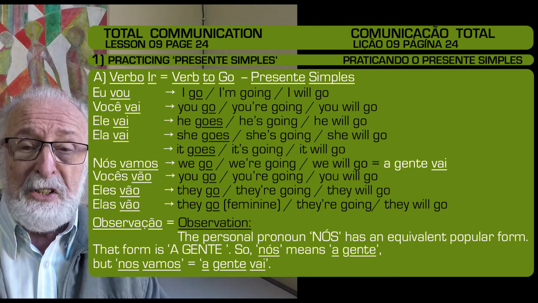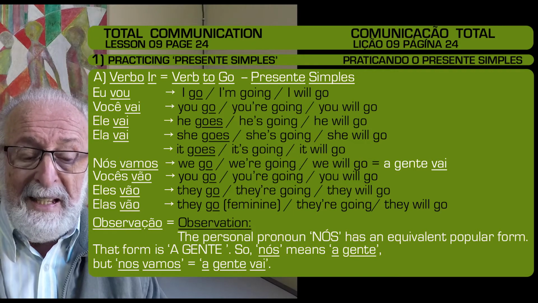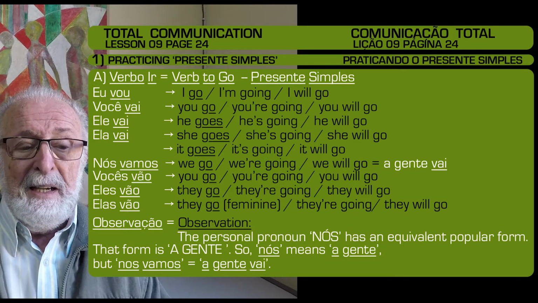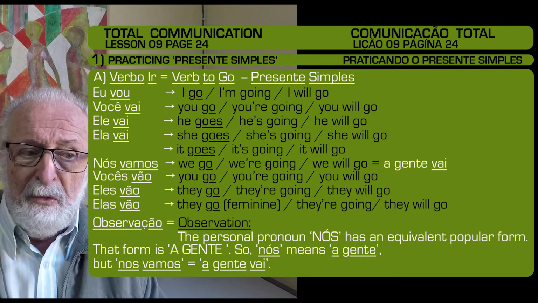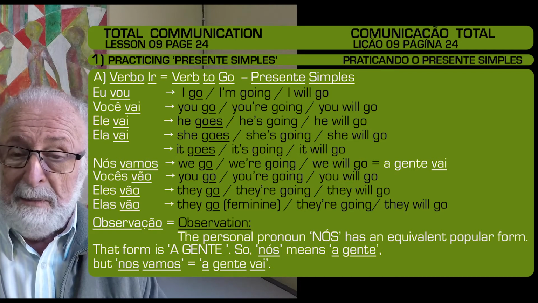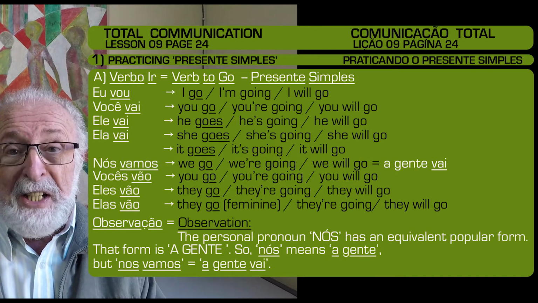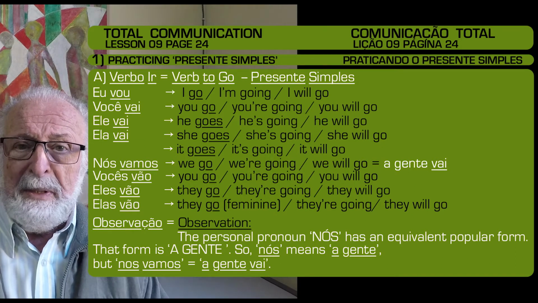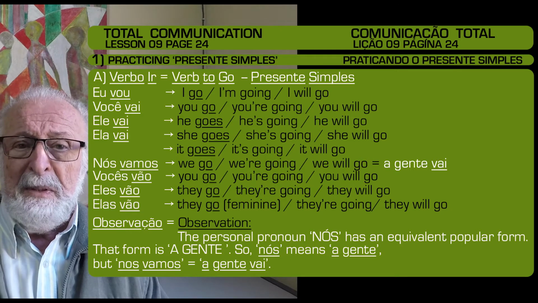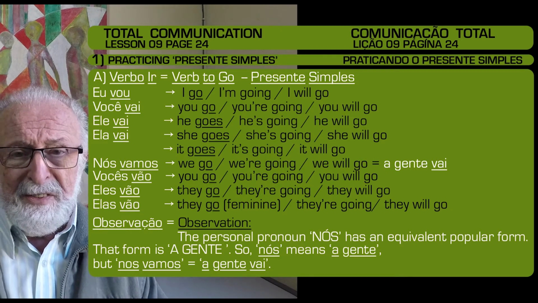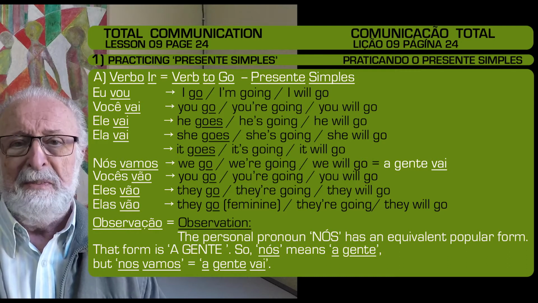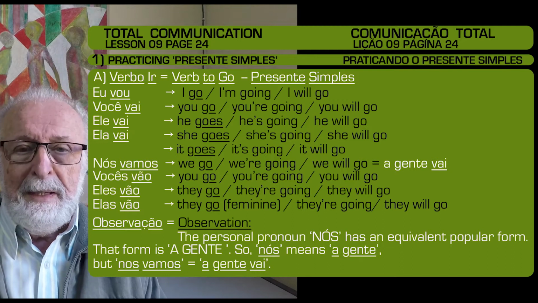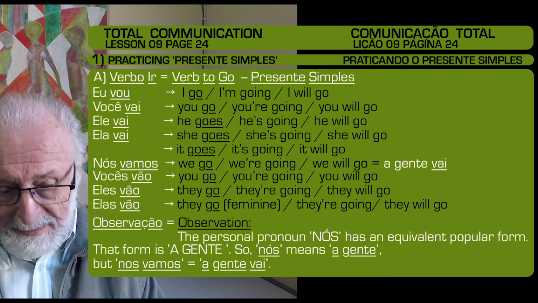But we don't say a gente vamos, we say a gente vai. This vai is like you go, você vai, ele vai ou ela vai, so a gente vai. I put this in here because it's very common, and we're going to see it in many conversations. It's very informal, but in general people use it a lot.